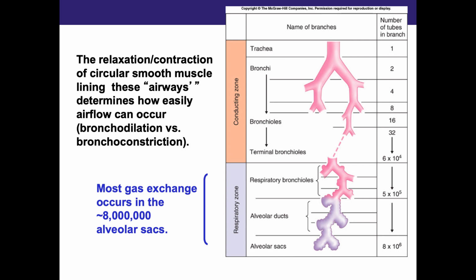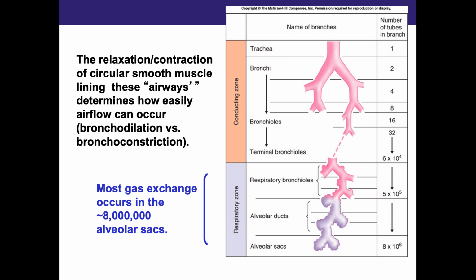The conducting zone, there's no gas exchange, right? This is considered dead space, anatomical dead space. But the respiratory zone, this is where all the gas exchange occurs, which includes the respiratory bronchioles, the alveolar ducts, and the alveolar sacs. And as I mentioned before, there's about 8 million alveolar sacs per lung.